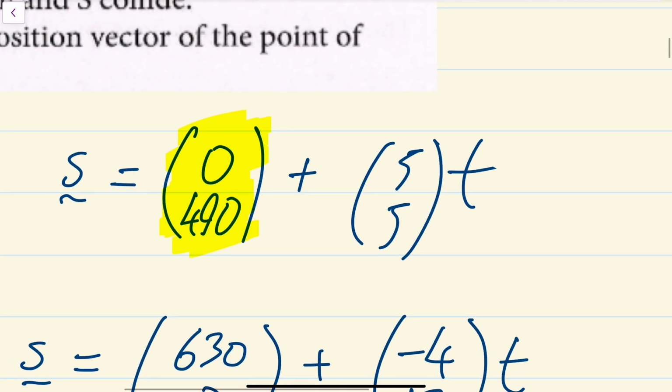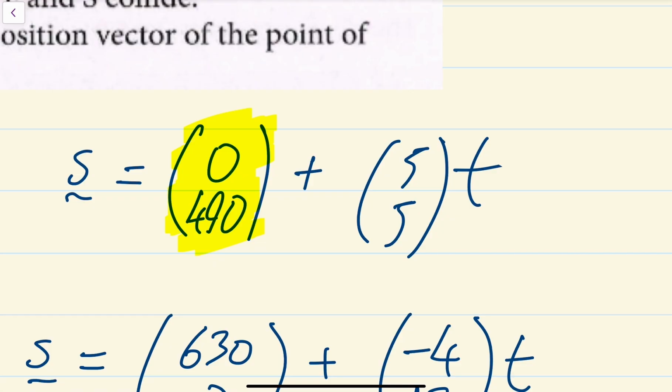So it starts here at 490, and it's moving with a velocity of 5i plus 5j, and that's times your time. So this is your initial position, and that is then the displacement at which you move over a certain amount of time.